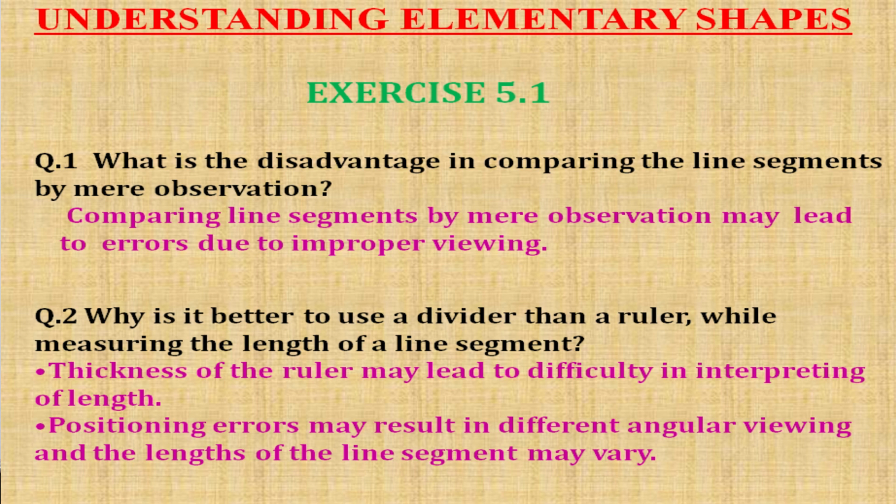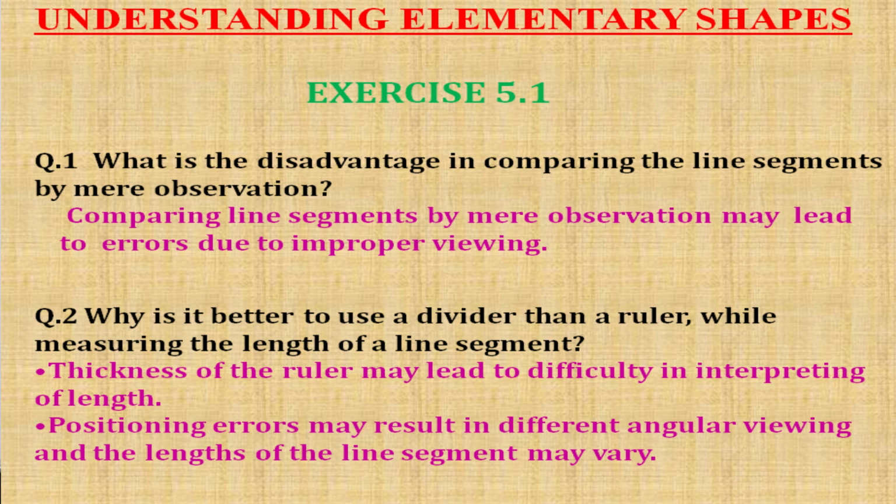क्योंकि मैंने बताया कि जब स्केल जो होता है वो अलग अलग थिकनेस का होता है, तो उसमें रिजल्ट को इंटरप्रेट करने के लिए आपको मुश्किल हो सकती है. So the first reason you can give is thickness of the ruler may lead to difficulty in interpreting of length. और सेकेंड एरर जो रूलर यूज करने से था, मैंने बताया, पोजिशनिंग ऑफ योर आई, which is called positioning error, that if the point is not viewed vertically, then you will have a change in the result.